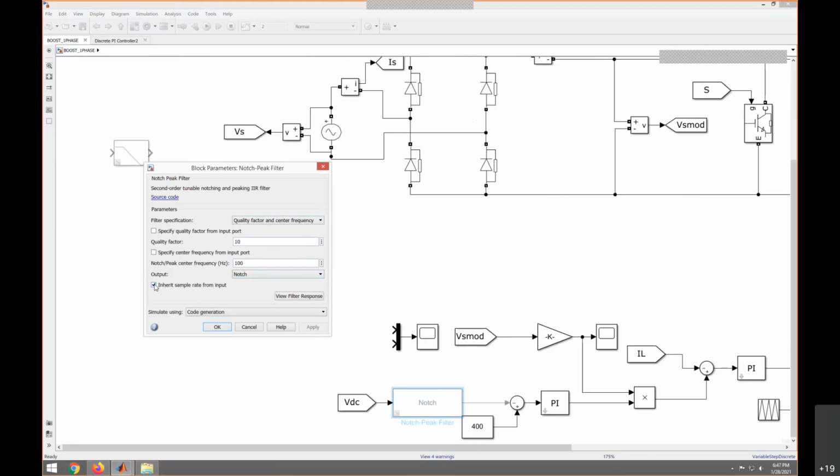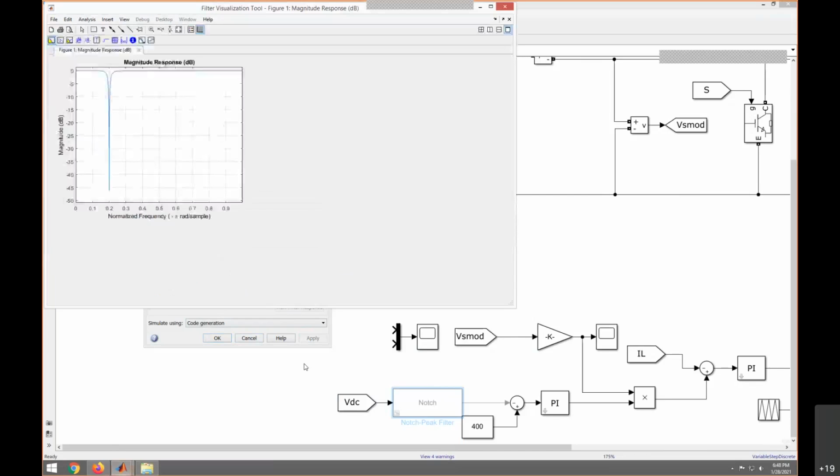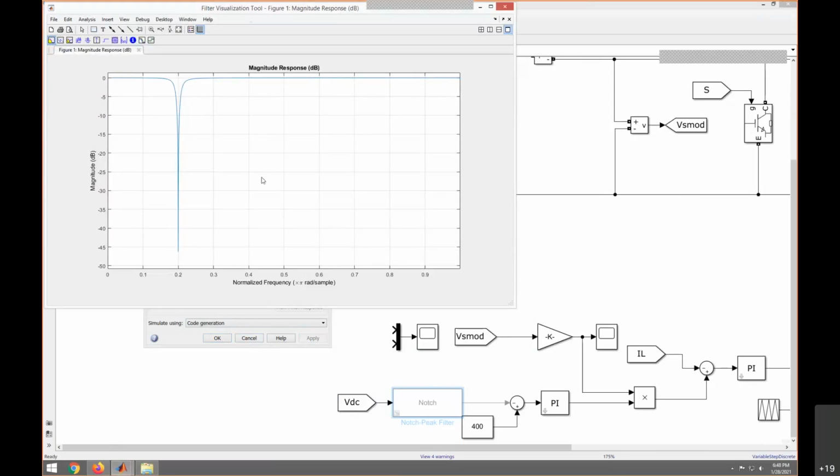You can actually see the response here, the dBs for this.